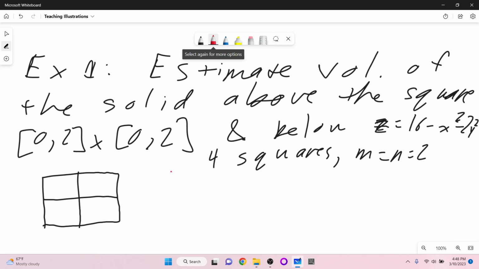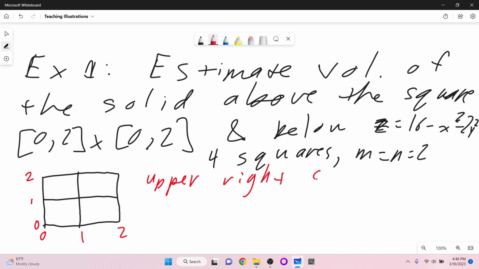So what is the area of each of these? Okay, 0, 1, 2, 1, 2. All right, so I am going to say, let's use upper right corners.